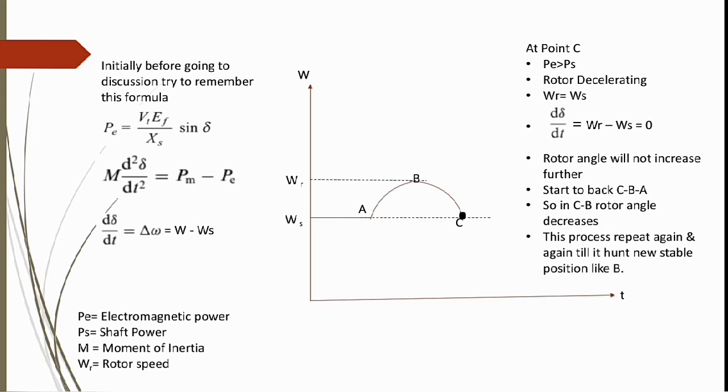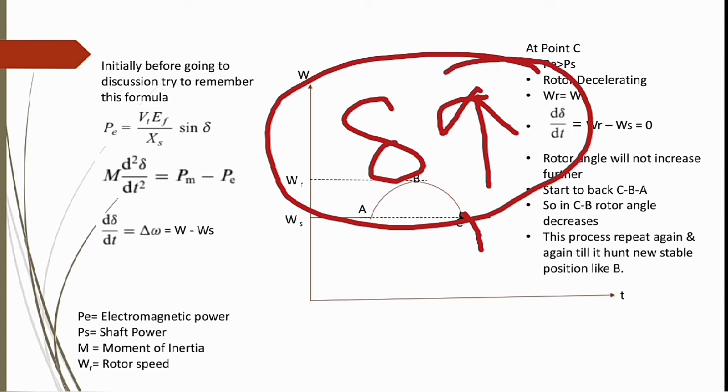Okay, so from C onward, for further conditions, we are not going to increase del, because if we increase del, synchronism must be lost, and it is permanently unstable.